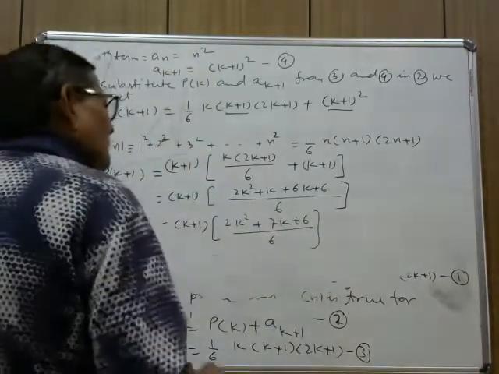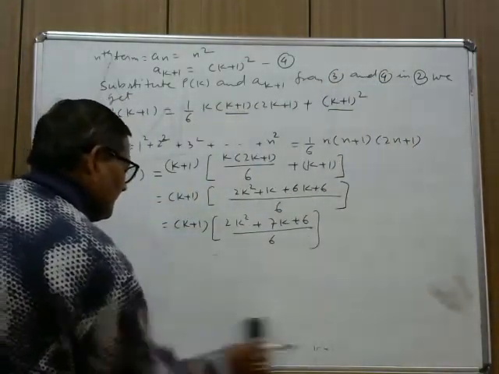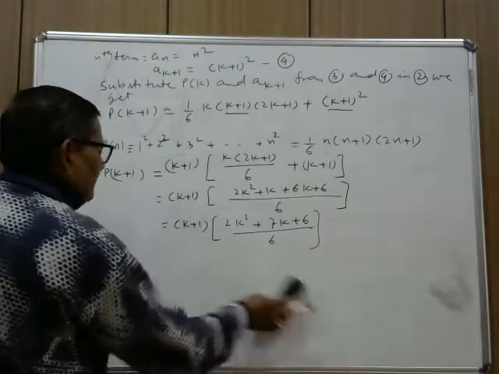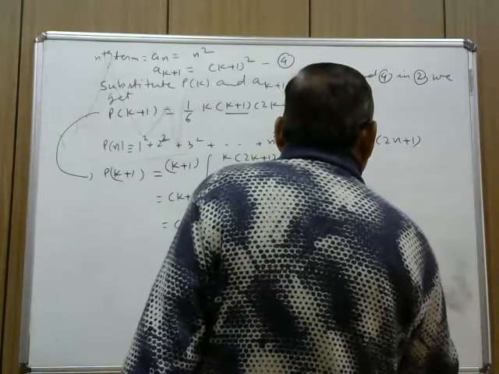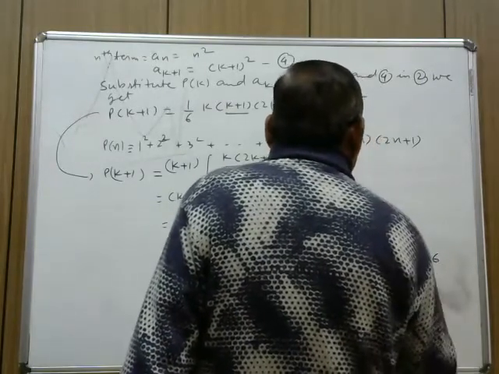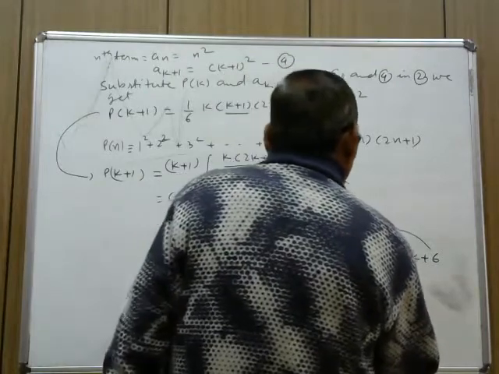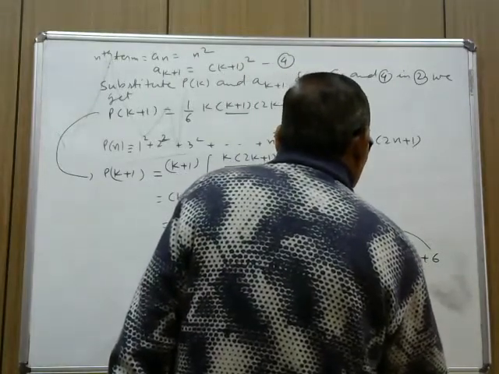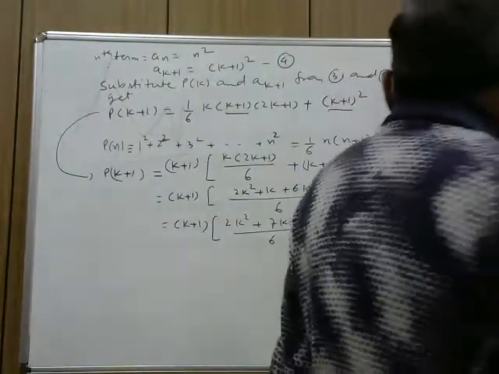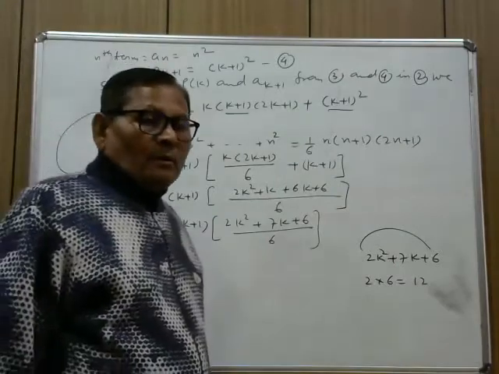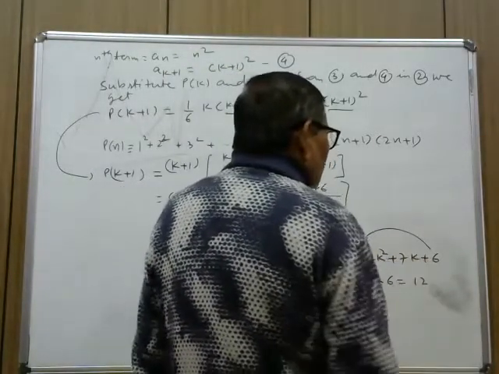You factorize this polynomial. Find the factors of 2k square plus 7k plus 6. As you studied, factorization by splitting the middle term goes like this: 2k square plus 7k plus 6. So what you are doing? You are taking the multiplication of 2 and 6, which is equal to 12. Find the factors of 12 in such a way that their product is 12 and their sum is 7, that is the coefficient of k.